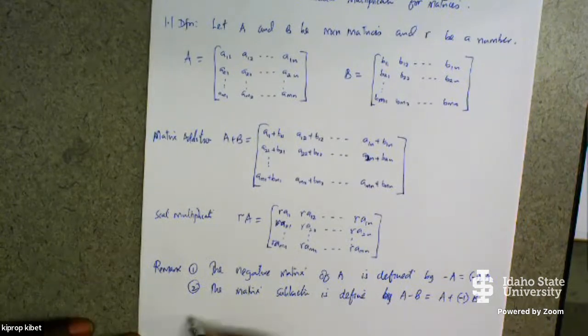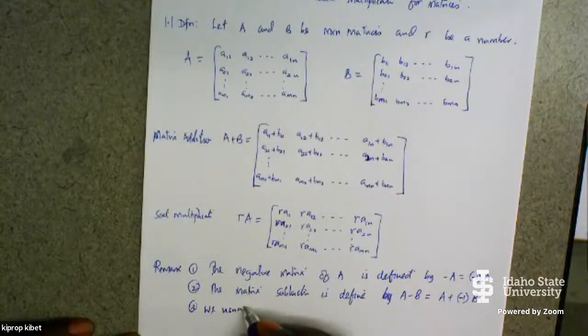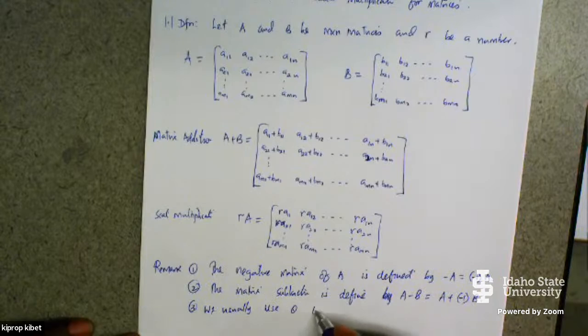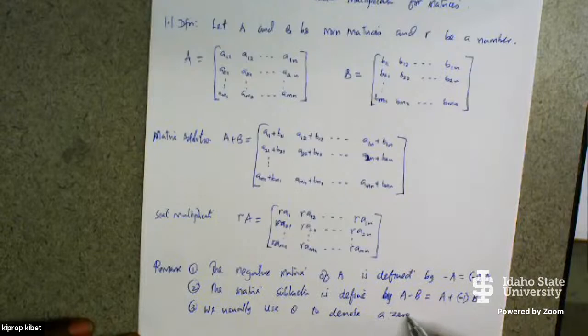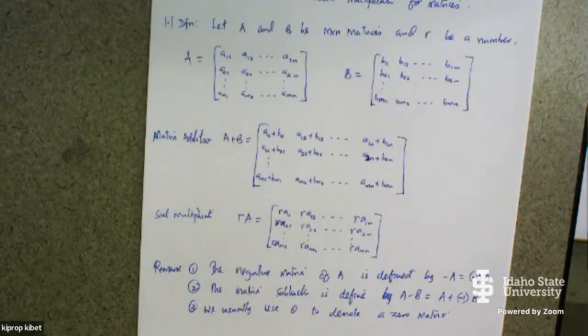And lastly, number three, we usually use 0 to denote the zero matrix, where all the entries are zero.